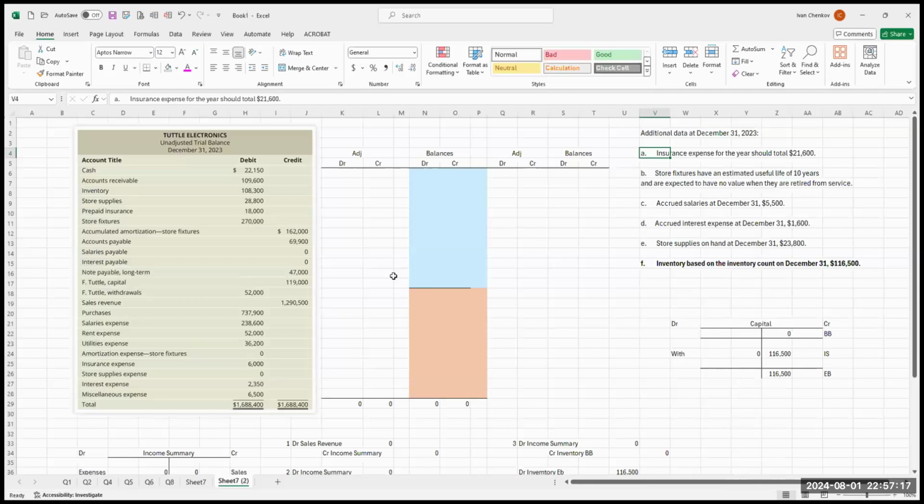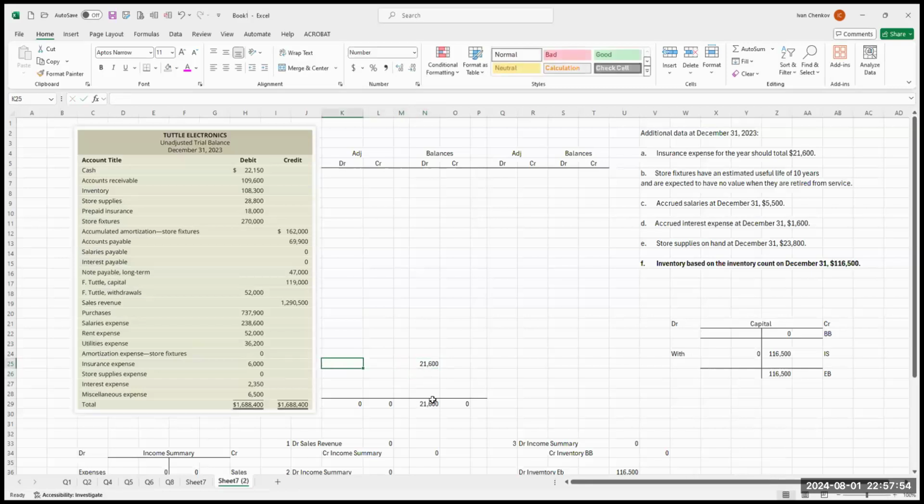First, for the insurance expense, let's see what it says here. It says the insurance expense for the year should total 21,600. So my insurance expense here at the end of the year should be 21,600.